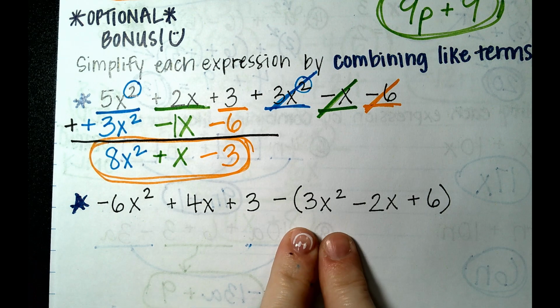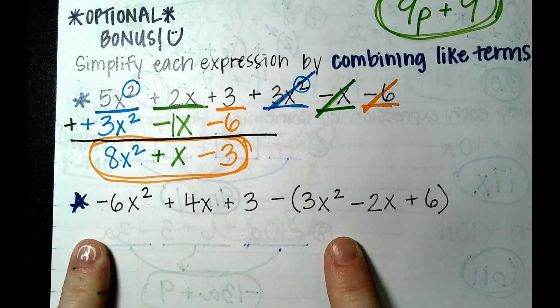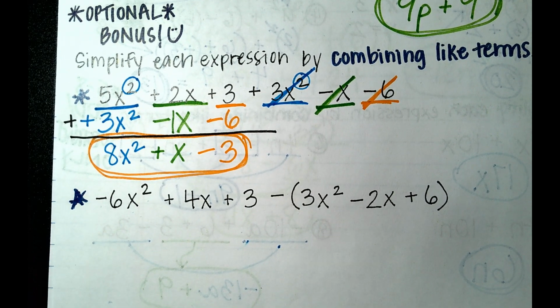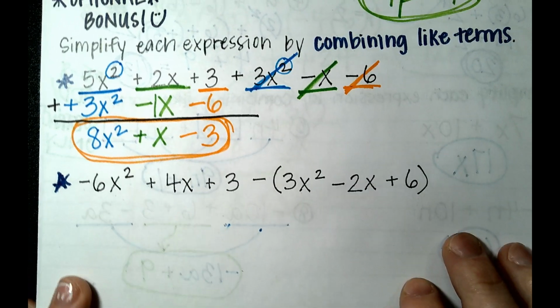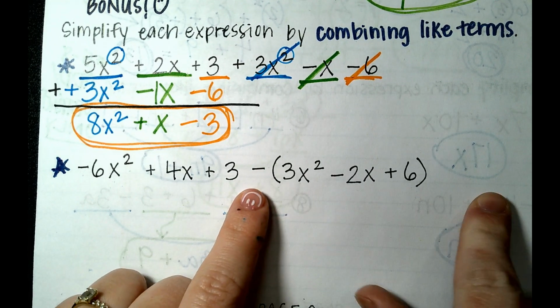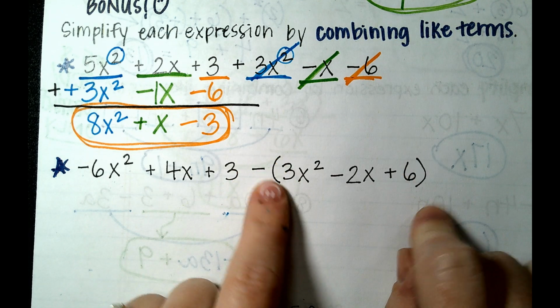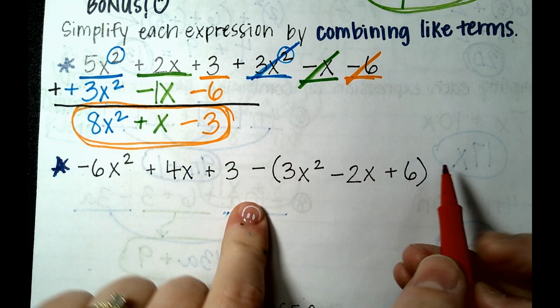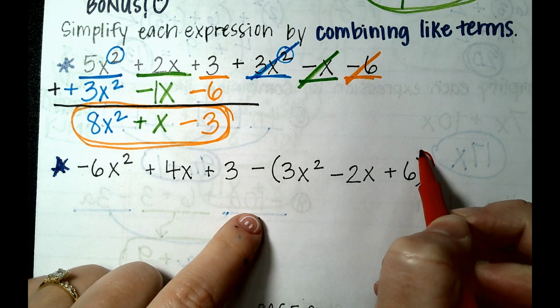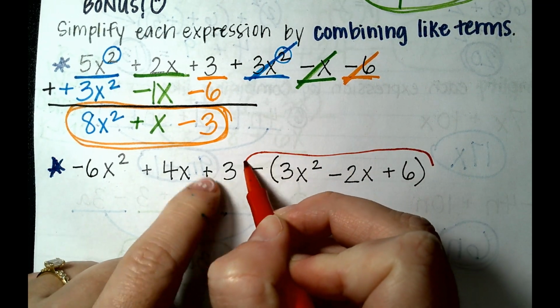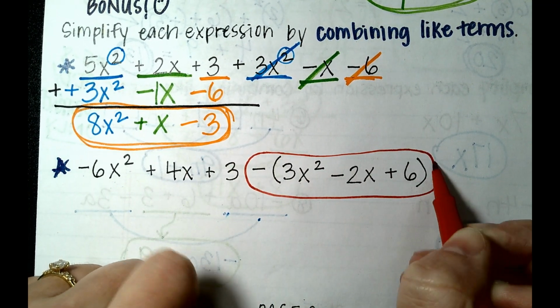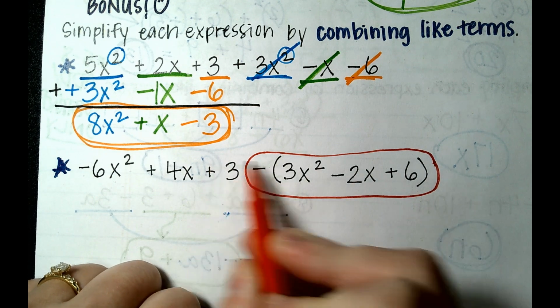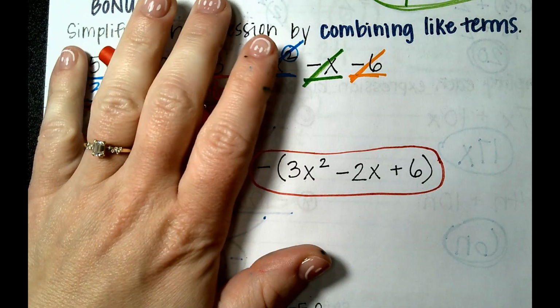Now, this next bonus is super tricky. And that's why it's a bonus. So I'm going to explain what's going on here, how we have these in parentheses. So what I'm going to do is circle the minus sign, the negative symbol, and what's in parentheses right here. So I'm going to ignore this first half.